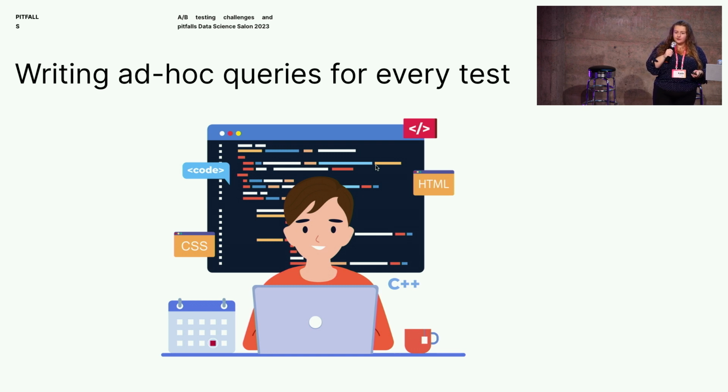This is incredibly annoying and time-consuming as a data scientist. So ideally, what you want to do is have some sort of reusable dashboard. Chances are that you are running a number of A/B tests, and usually you are trying to move a couple of the same main metrics. And for those metrics that you are using over time and testing over and over again, you can build something reusable.